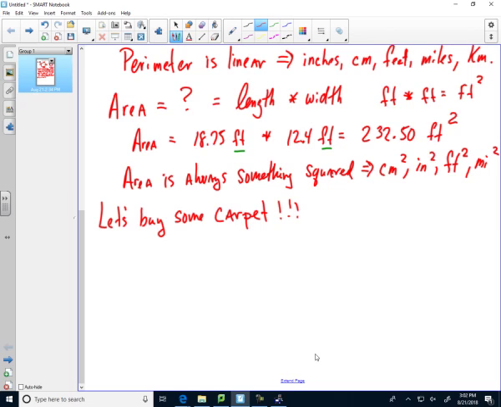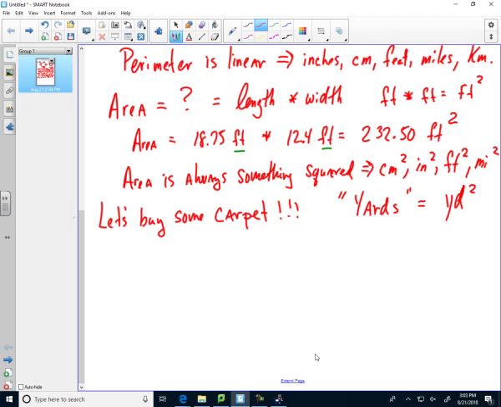What do you know about carpet? How's carpet sold? It's sold by the yards. Now, but what you're really looking at is a square yard.